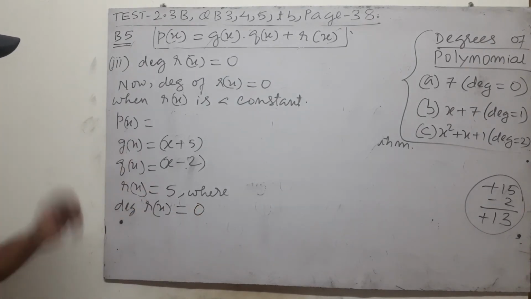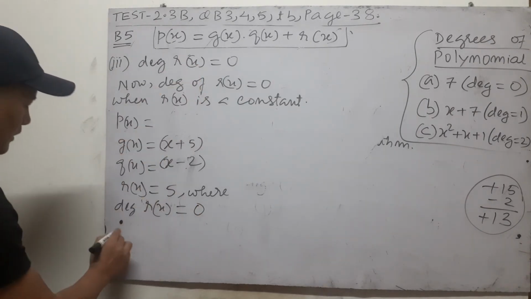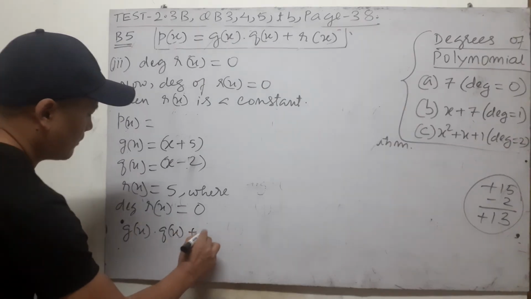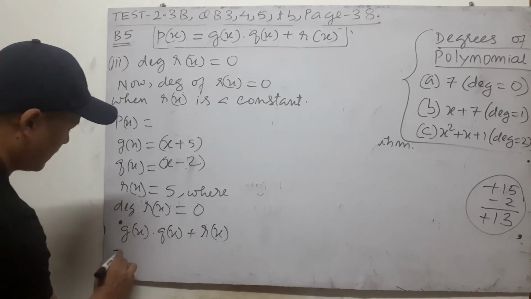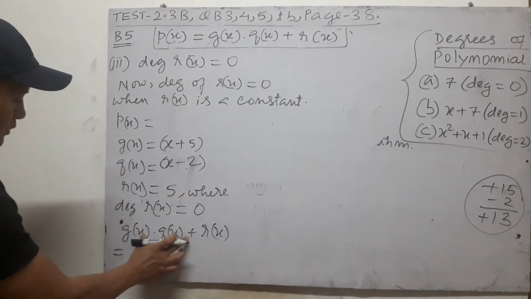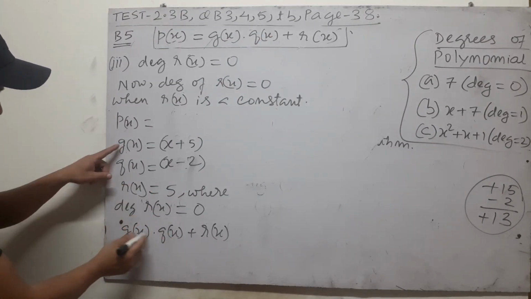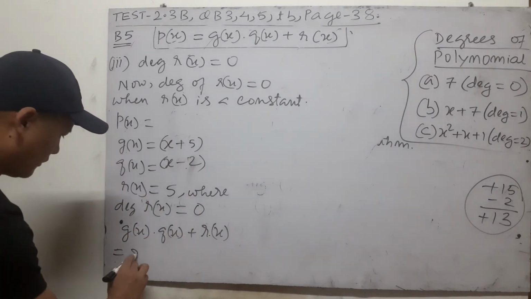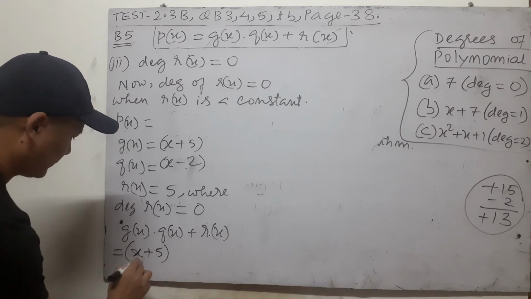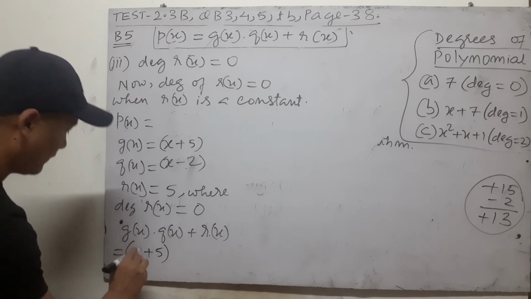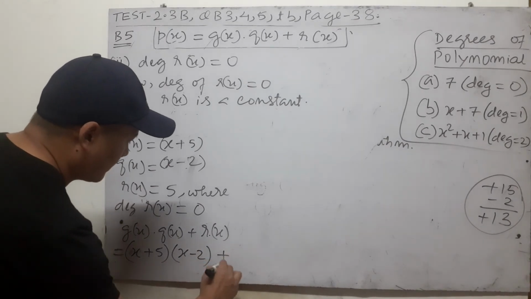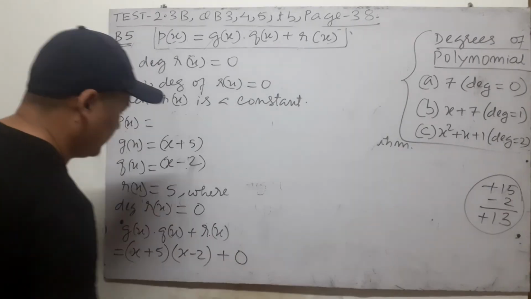So satisfied the condition. So right side of the algorithm, g of x into q of x plus r of x. Right side, what you're going to get, because we have here g of x, q of x. So we're taking advantage of what we have chosen already. So g of x is x plus 5, into q of x is x minus 2, plus r of x is here 0.